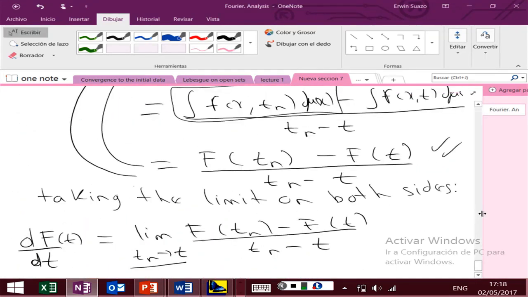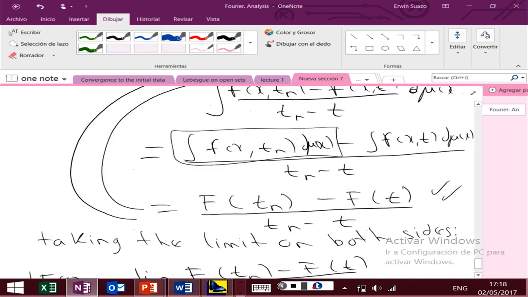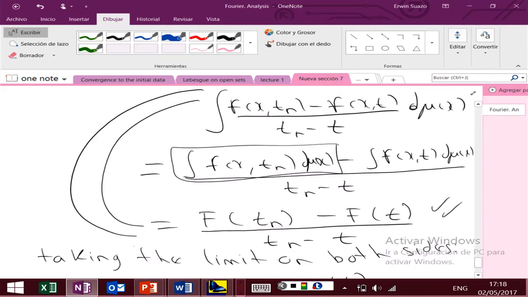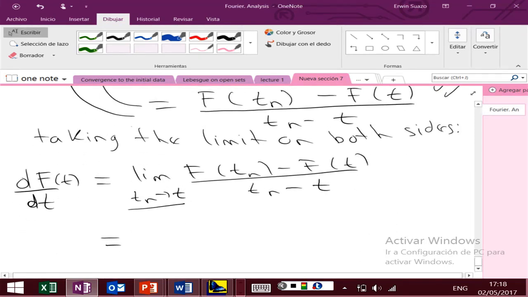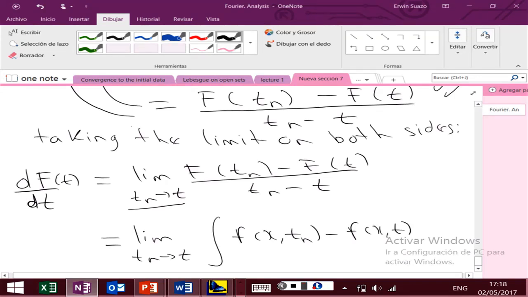But I'm also going to use this one here. By this definition, this guy equals that guy. So I take my limit outside, t sub n goes to t, and then I have the integral of f of x t sub n minus f of x t over t sub n minus t, d mu of x.